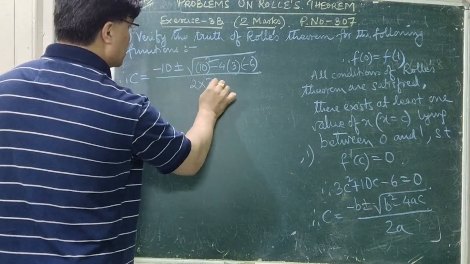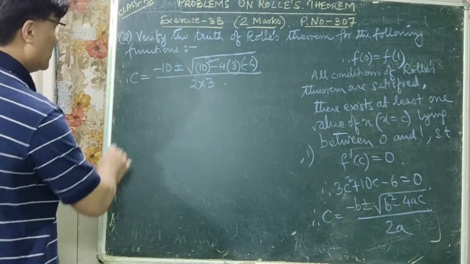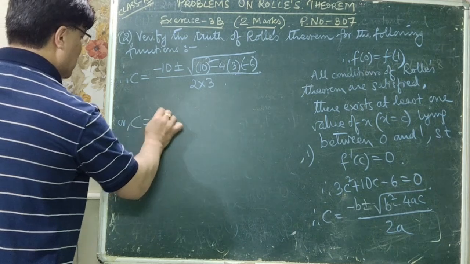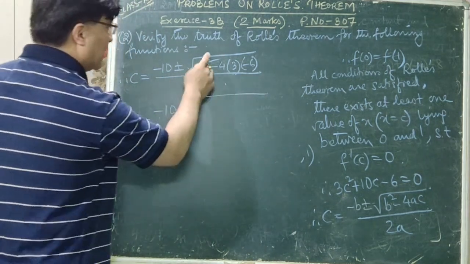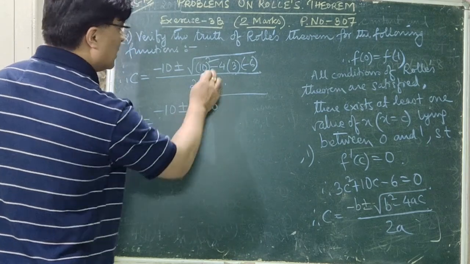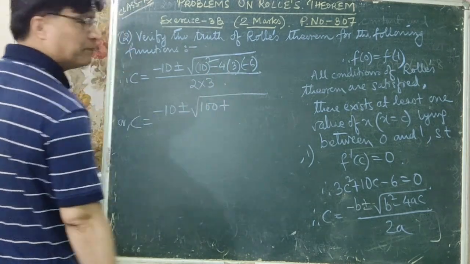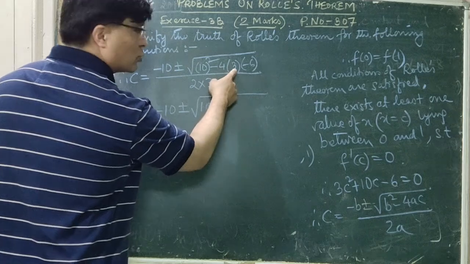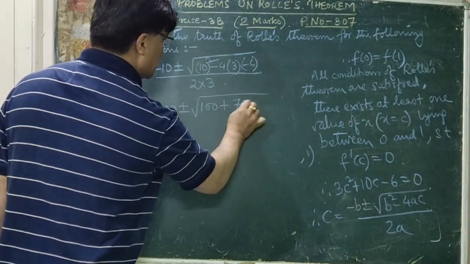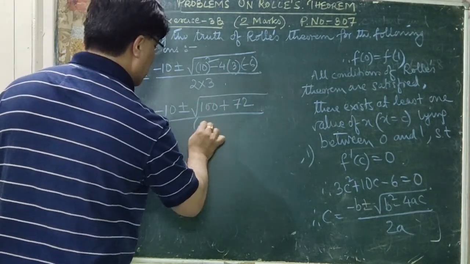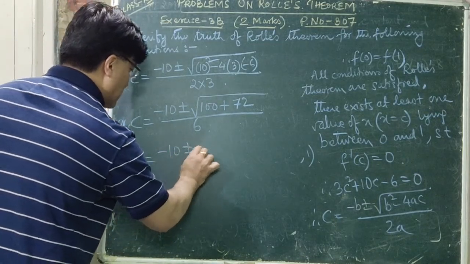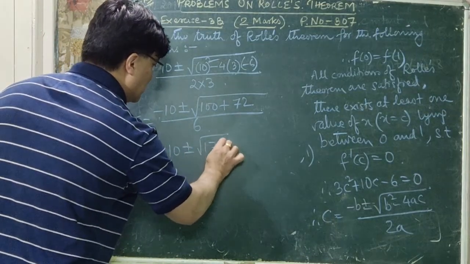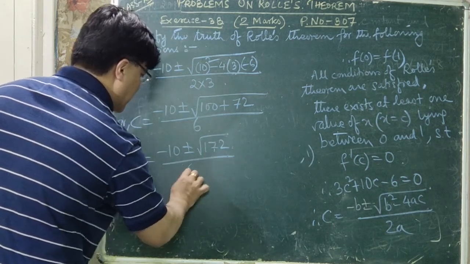What is 2 into a? 2 into 3, right? Or c is equal to minus 10 plus minus within square root. 10 whole square is 100. Minus minus plus, 4 3s are 12, 12 6s are 72, divided by 2 3s are 6, or c is equal to minus 10 plus minus root over 172 divided by 6.